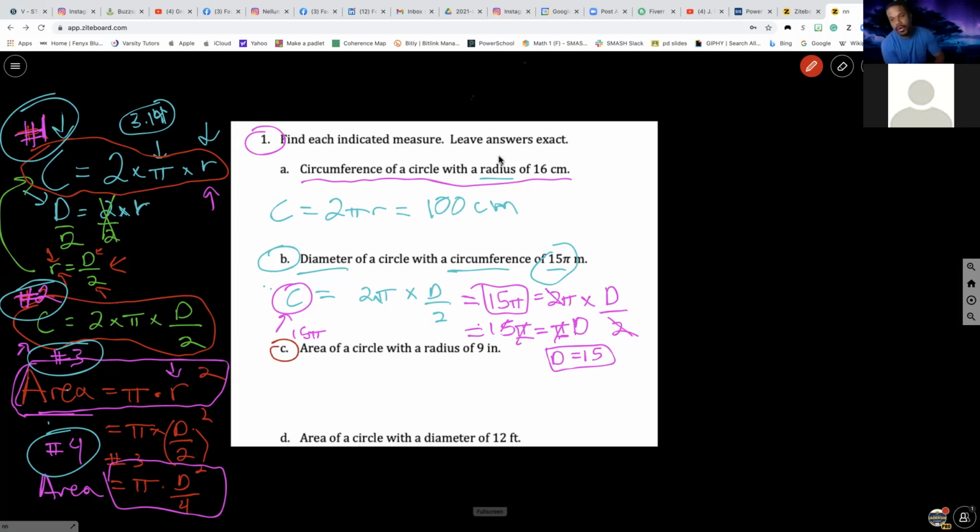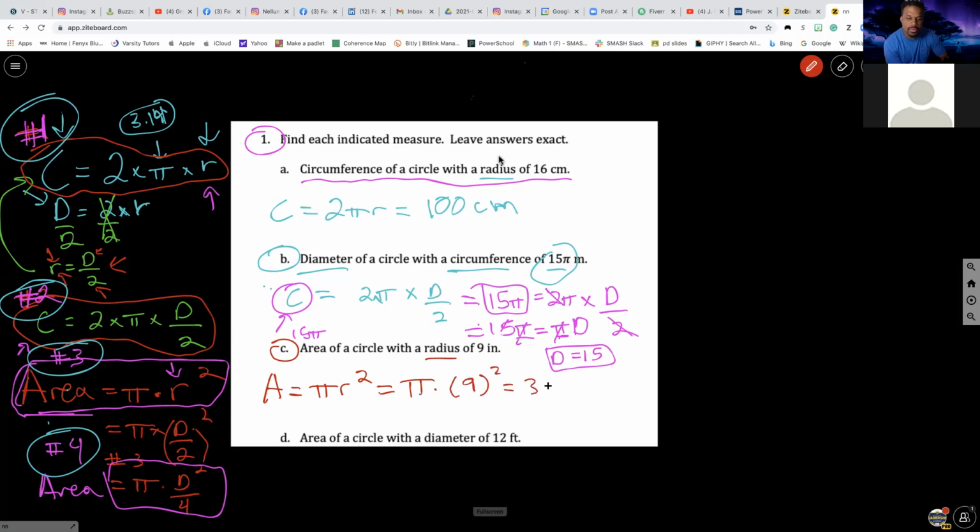All right, so we got the area of a circle, right? Because they got it in radius, so we're going to use this equation. So we got pi times 9 squared.